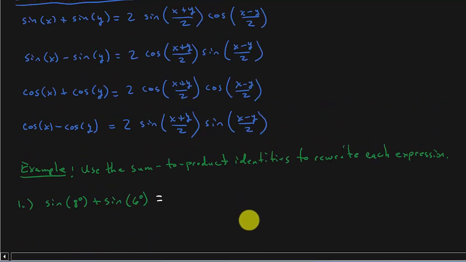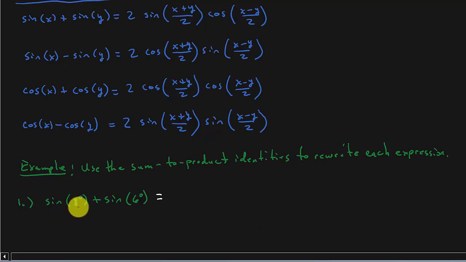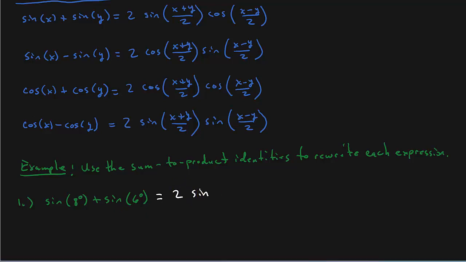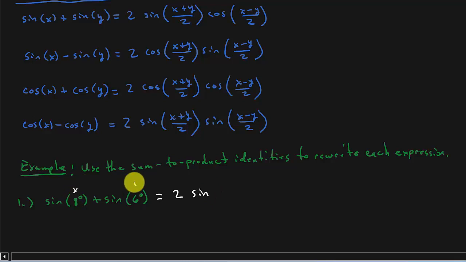All right, so let's see what we've got here. We've got sine 8 degrees plus sine of 6 degrees. So which one are we going to use? Well, that's the first one. See, sine plus sine, sine plus sine. So this is going to be 2 times the sine. Now, look at this. In this problem, this is x and this is our y. So that's the sine of 8 degrees plus 6 degrees over 2 times cosine of, oh, I'm sorry.